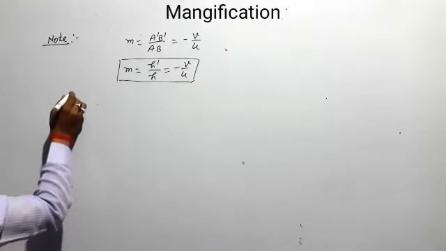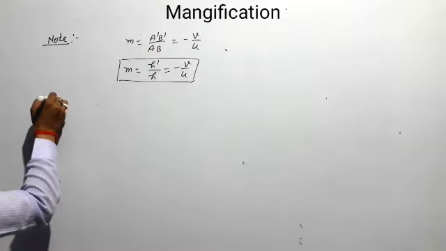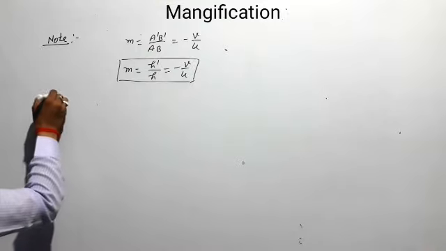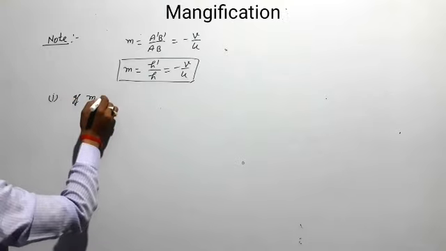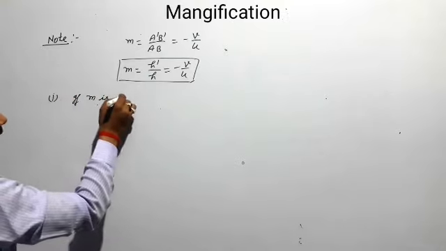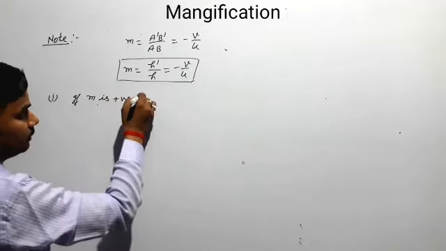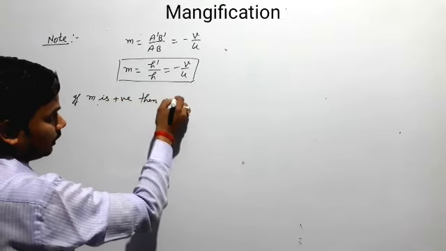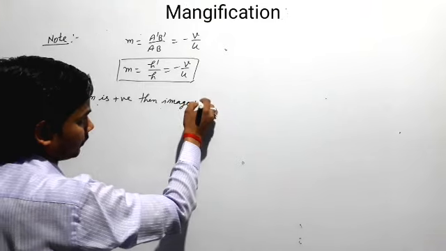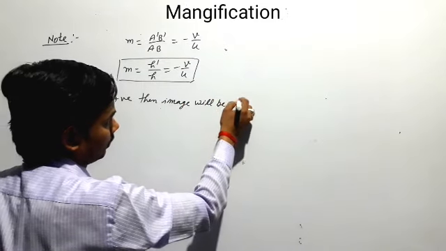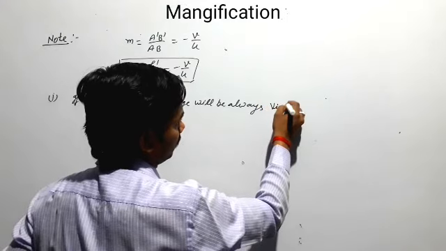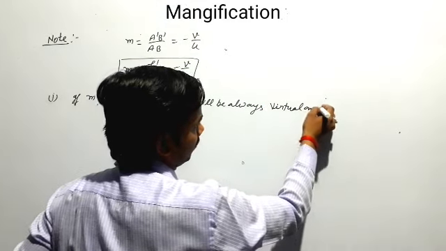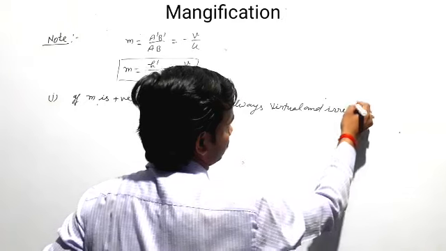Now some important terms. The first term says that if m is positive, then the image will always be virtual and erect.